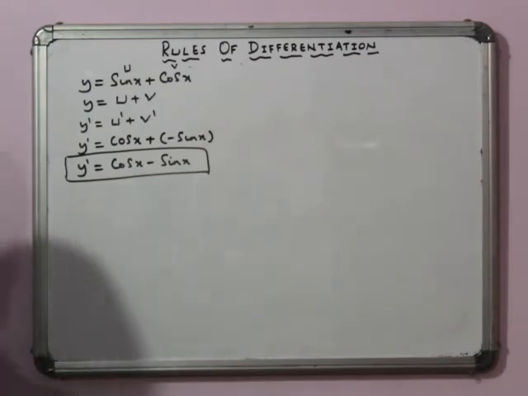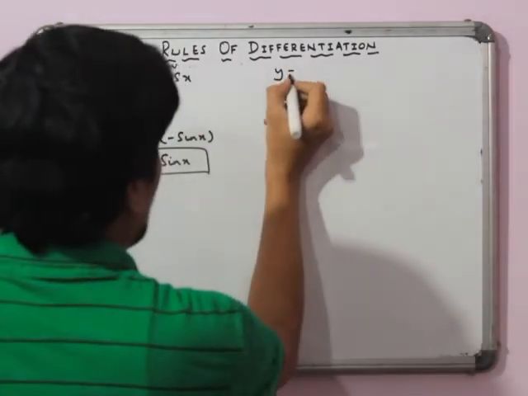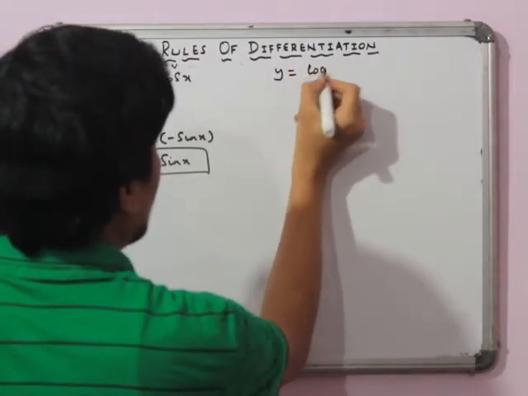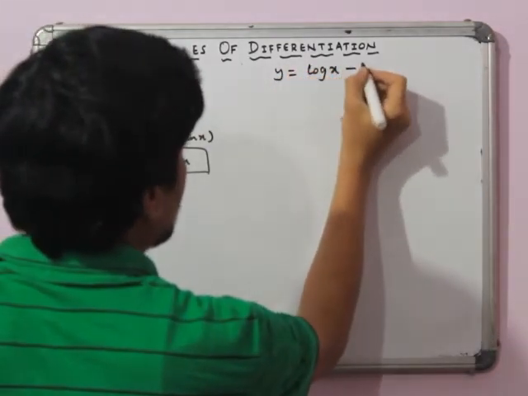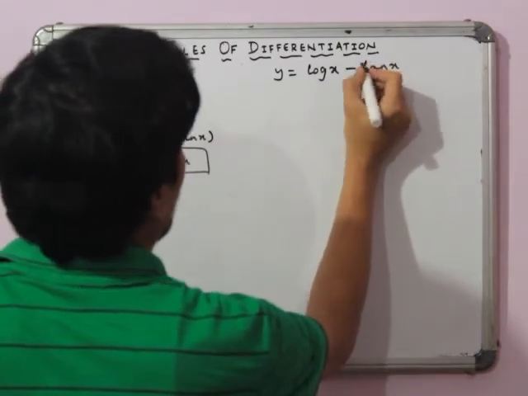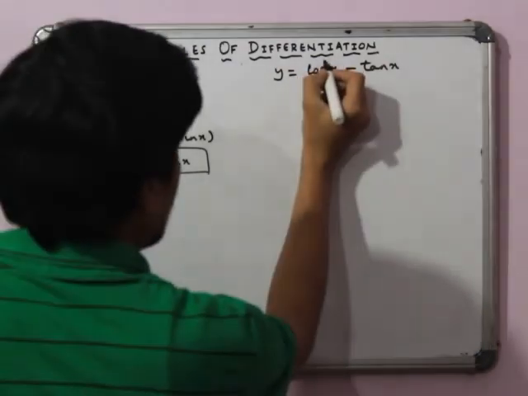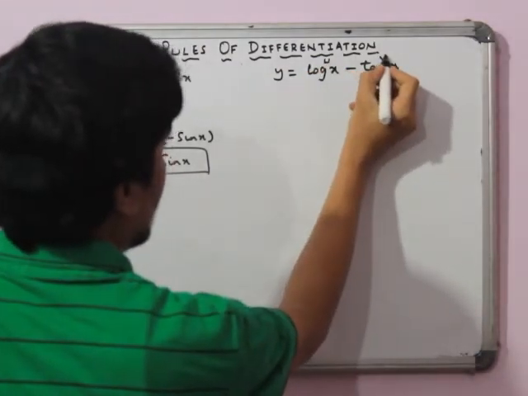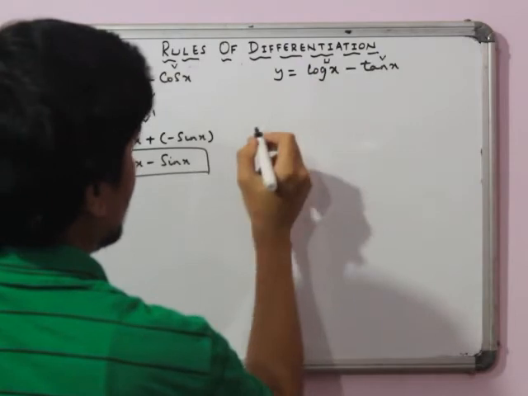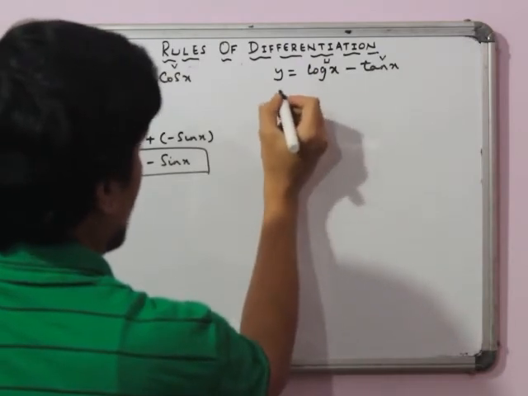Now we will solve one more problem. Y is equal to, this time I will take, log x minus tan x. Log x is u and tan x is v. This is of the form u minus v. So how to write it?